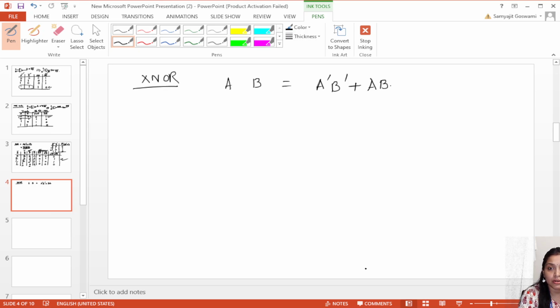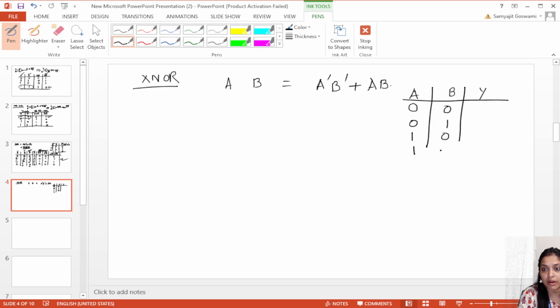Now I will show you this. There are two inputs, Y is the output, and the combinations are 0 0, 0 1, 1 0, 1 1.